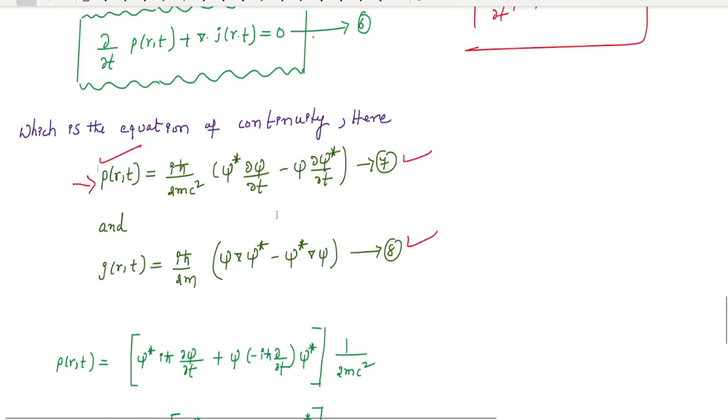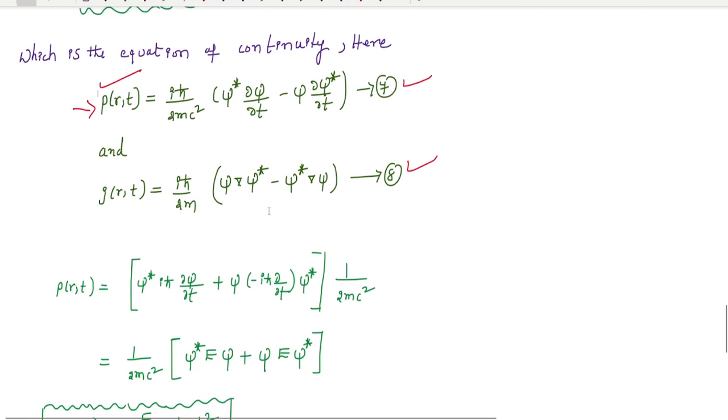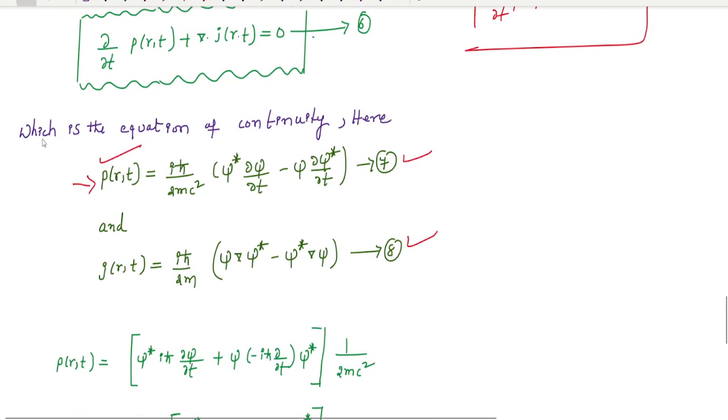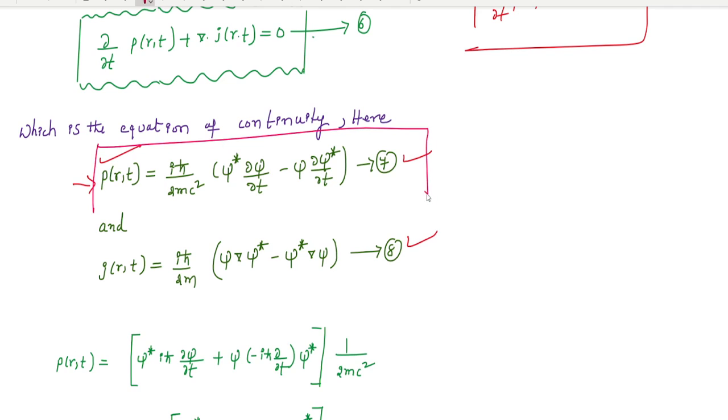Here I'm going to give one piece of information. In case the wave function psi is real, if you consider this equation, this is the probability density equation, and this is the probability current density equation. If we consider the wave function psi to be real, I understand this equation like this.